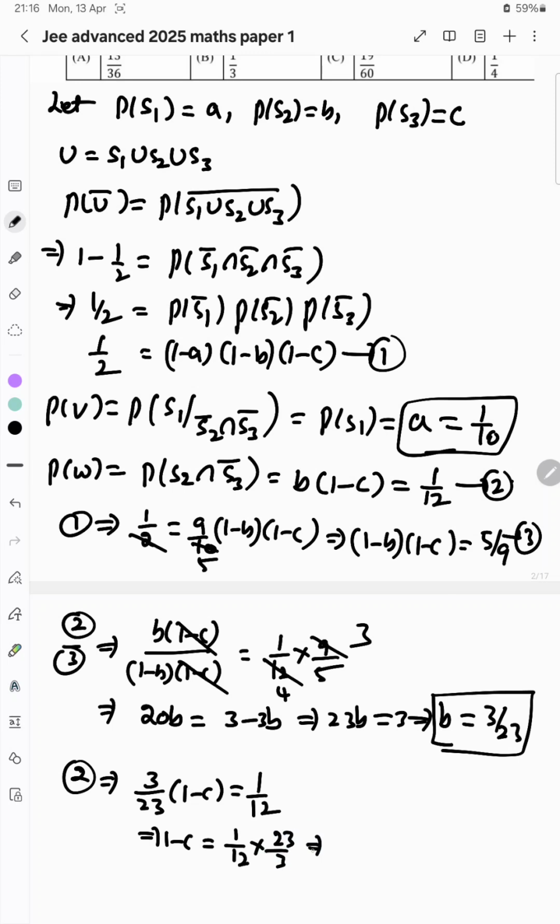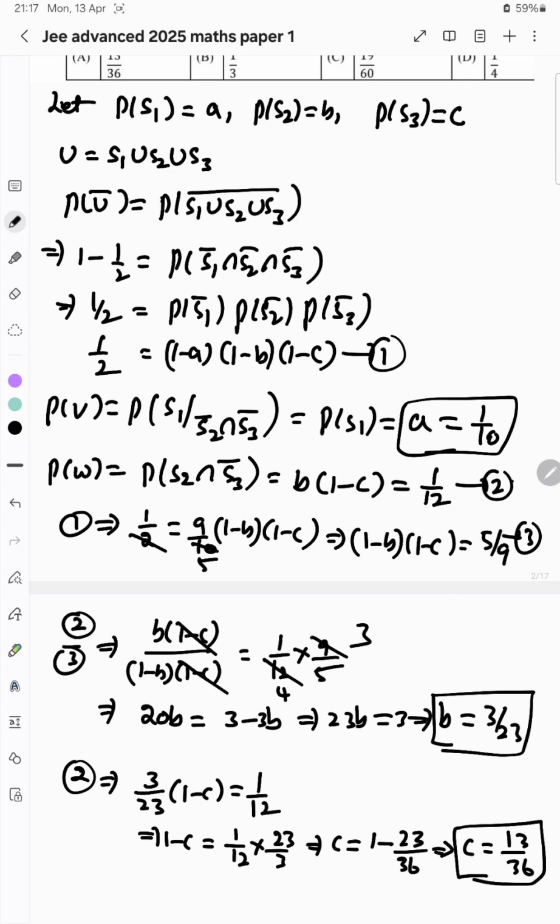Then if we simplify this we will get the value of C. So C is equal to 1 minus 23 by 12 3s are 36. We'll get it. Okay, now let's simplify this. Then C value is 36 minus 23 by 36, so C value is 13 by 36 we will get. Okay, this is the value of C.